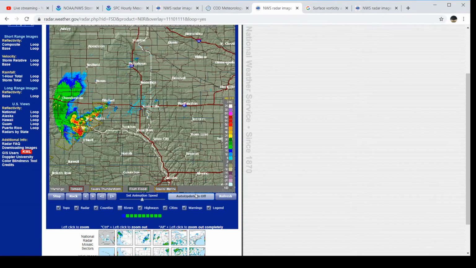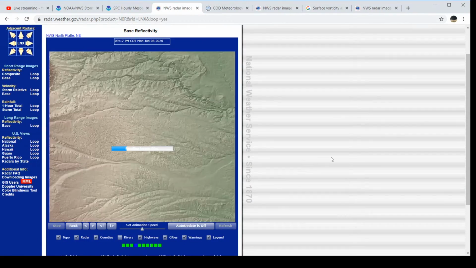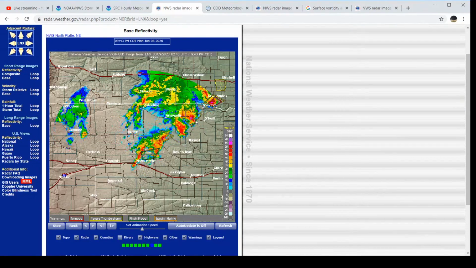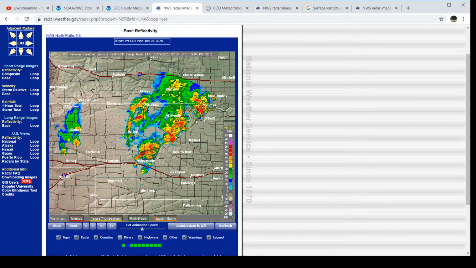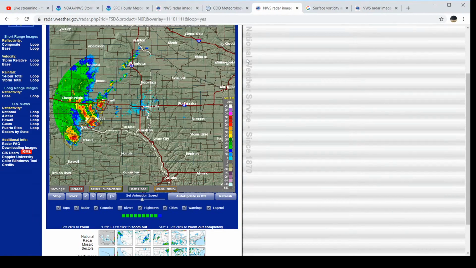Refresh, maybe. Okay, there we go. Refresh. Oh man, it looks like it's quickly dying. So what is making these two storms up here so special? Why?